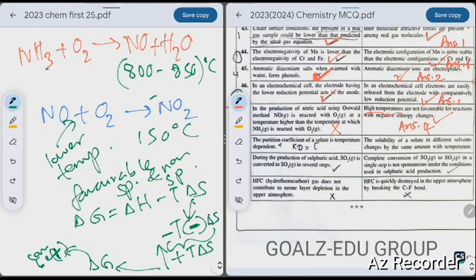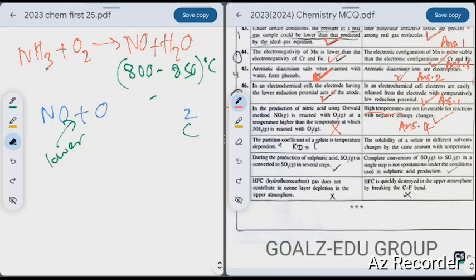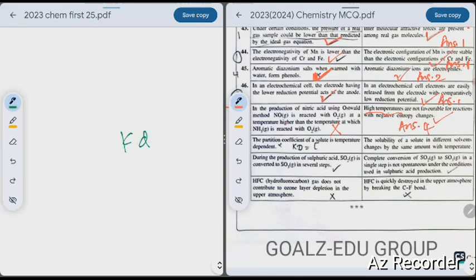Next, the partition coefficient of a solute is temperature dependent. Not only partition coefficient, we know partition coefficient is also included for the equilibrium constant. Any equilibrium constant depends on temperature, right? Equilibrium constant changes upon any temperature change. So, even though it is Kd, you all know partition coefficient is Kd, no?